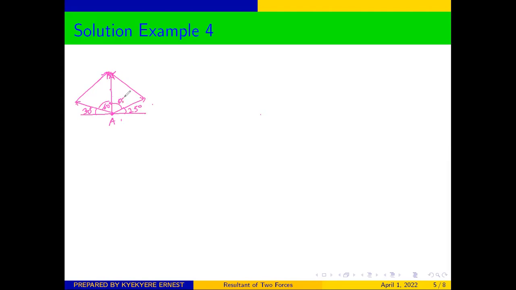Good. But having done that, since we want to take one side of our triangle to do the analysis, we don't know the angle here. So what we do is that we try to draw a straight line in between the two, with the dotted lines.